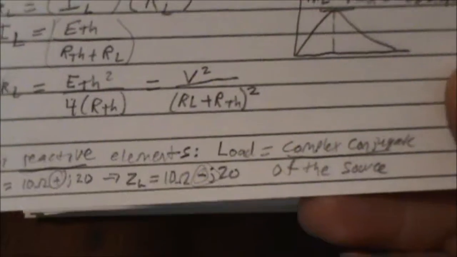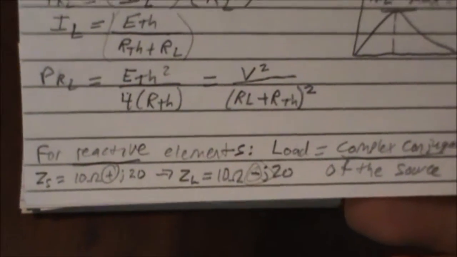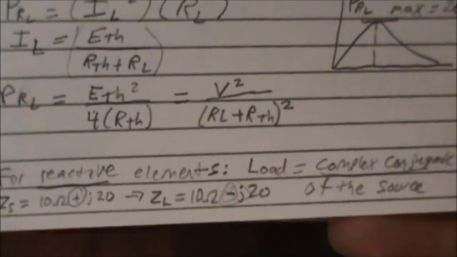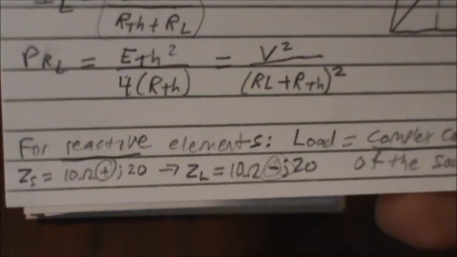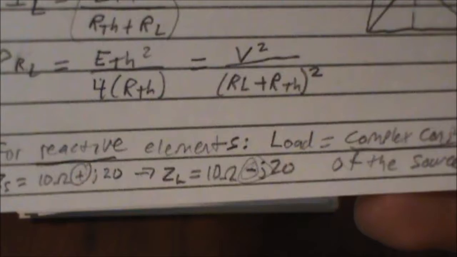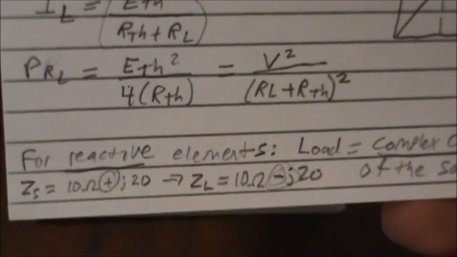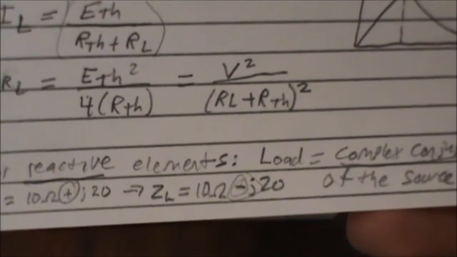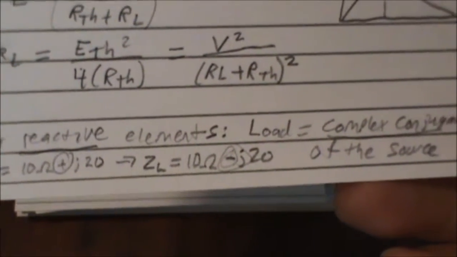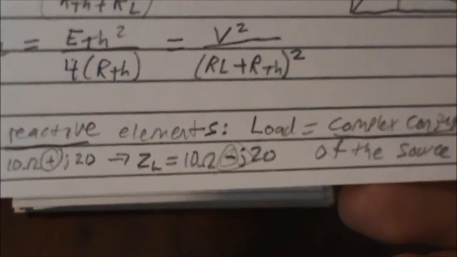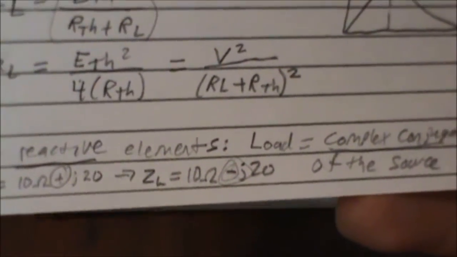And for reactive elements, the load is the complex conjugate of the source. And the complex conjugate is just, say, 10 ohms plus J20, which becomes 10 ohms minus J20. You just change the sign from positive to negative. That's where we're going to get into complex numbers.